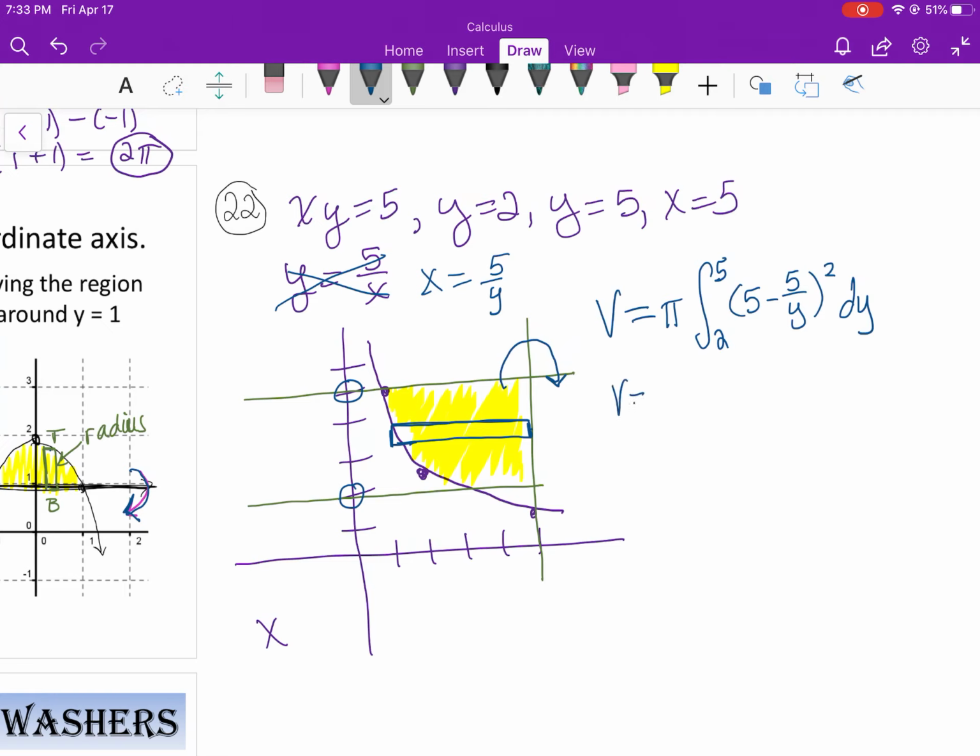Again, I would FOIL first before I attempt to integrate. So 25 minus 50 over y, plus 25 over y squared.